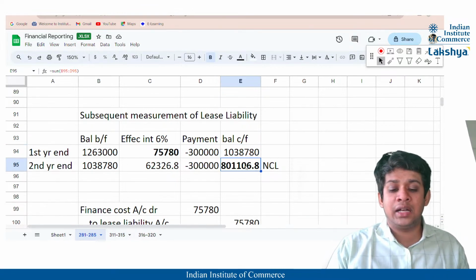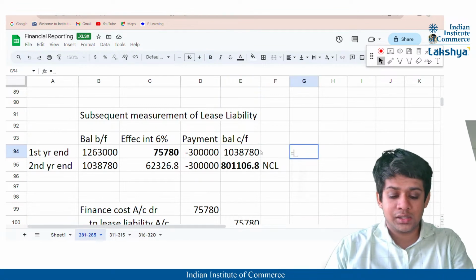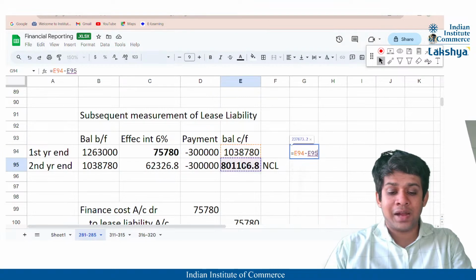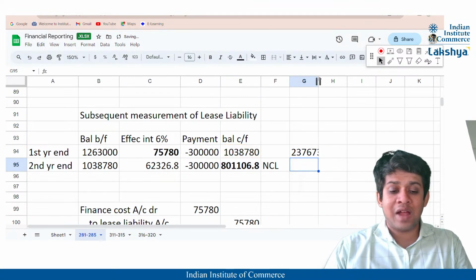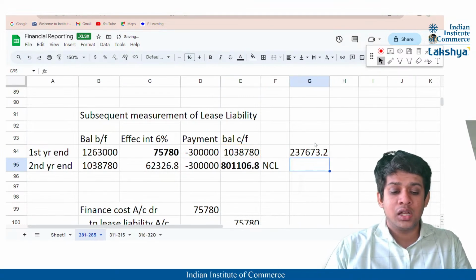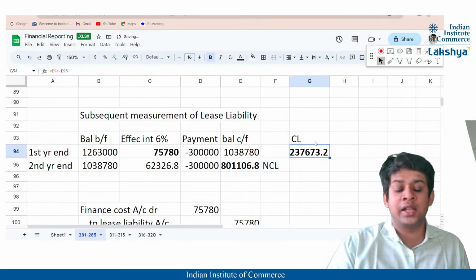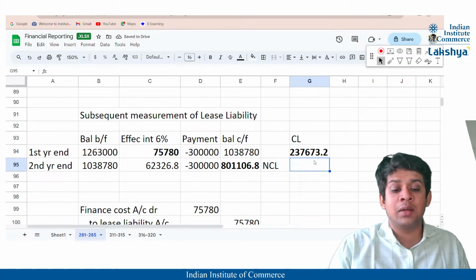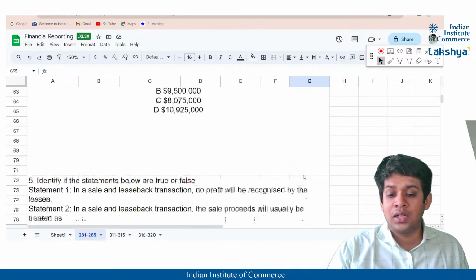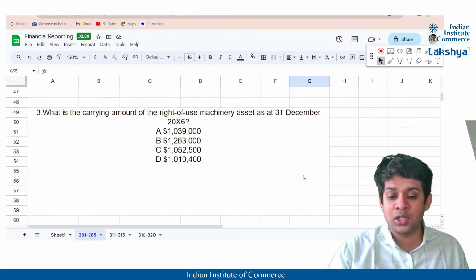The difference between 10 lakh and 8 lakh, this value minus this value, is going to be my current liability, because this much amount I've settled in the next year. That is why my liability reduced. So 237,673. Let us see if there is any similar option.